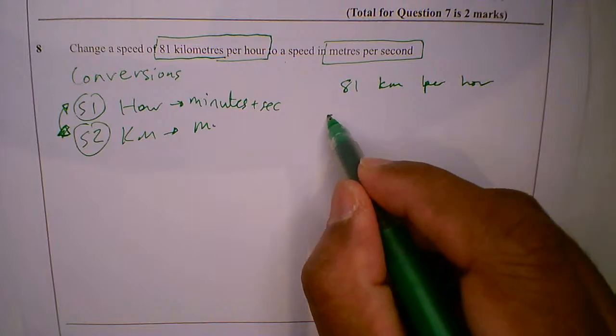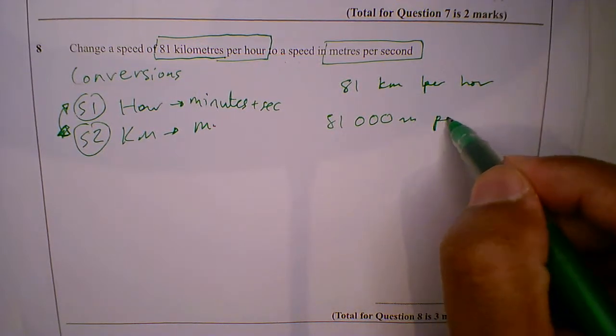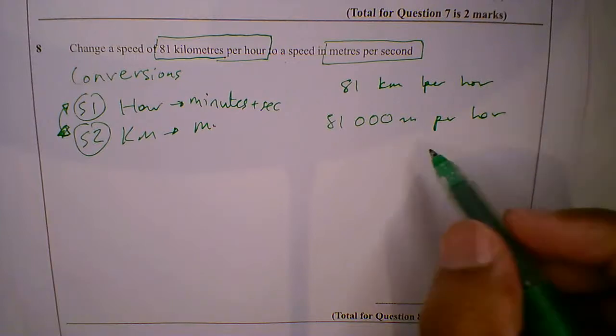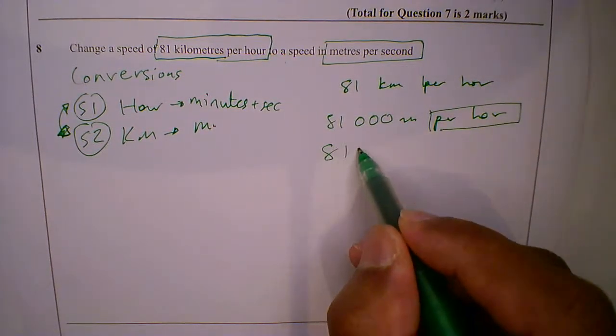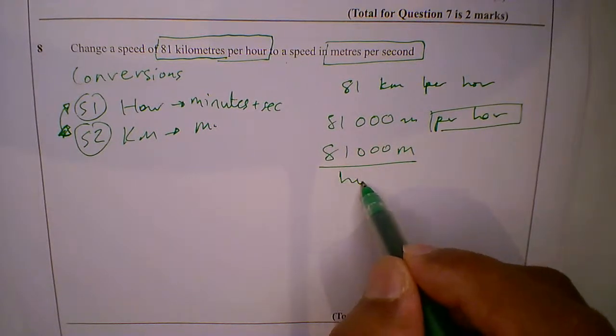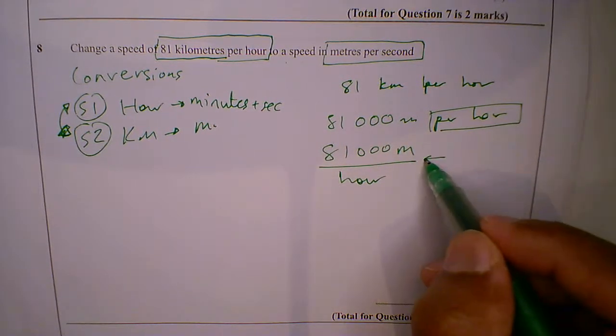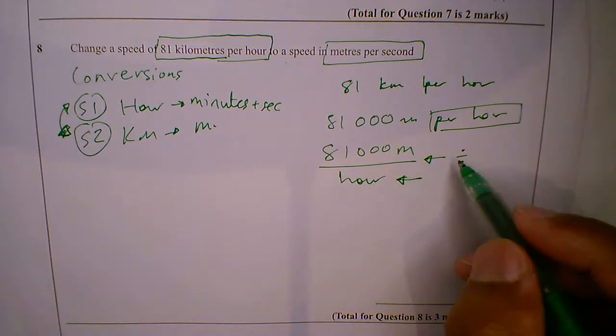So first of all, 81 kilometers is 81,000 meters per hour. What does this mean per hour? So 81,000 meters per hour. Per means divide, and I need to change hours into minutes and seconds.